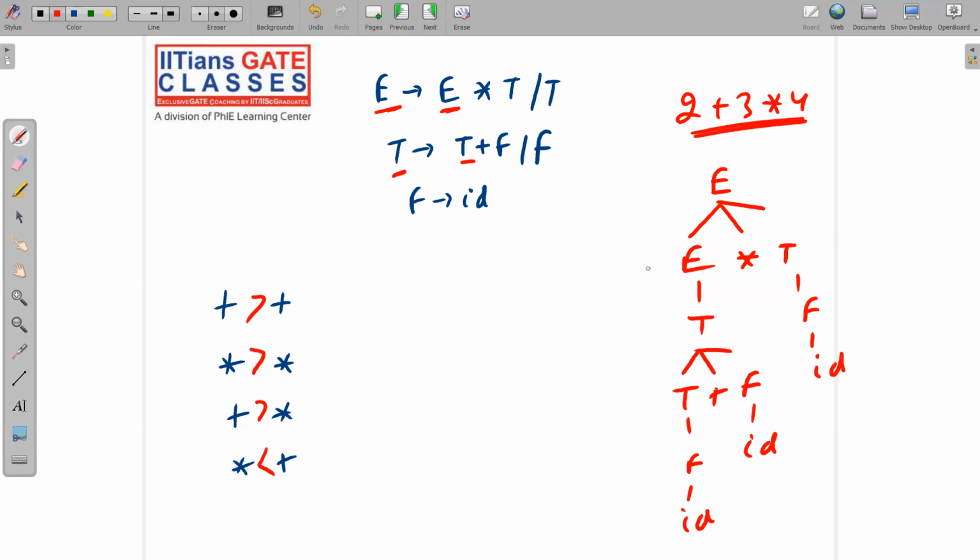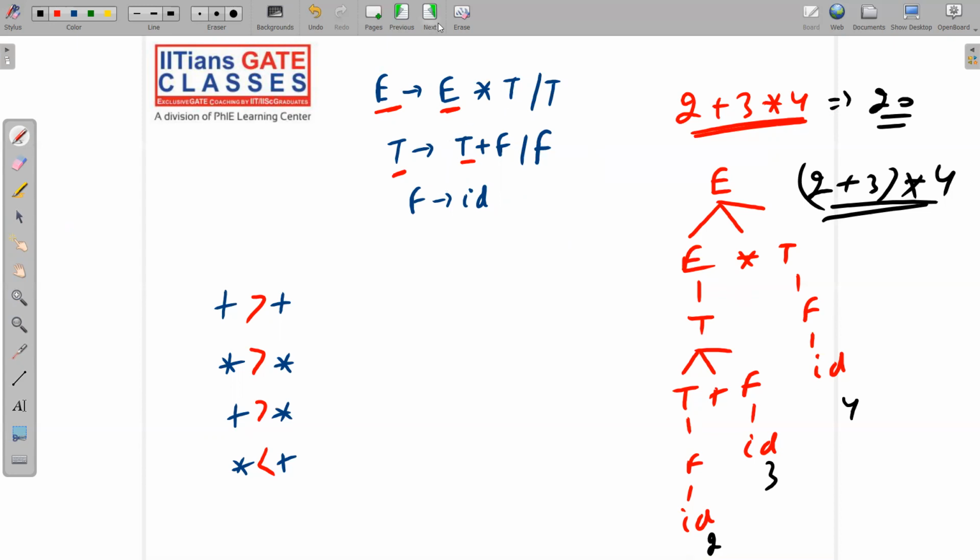So see here carefully. 2 plus 3 star 4, that is 2, 3, 4. To solve this E, you have to solve this E first, and directly what you are doing is 2 plus 3. That is 5. So 5 multiplied by 4, that is 20. Answer will be 20. So directly 2 plus 3 is done first, then you have multiplied by 4. I hope I have made the point clear to all of you. Okay, please note it down carefully and I am jumping to the next slide now.